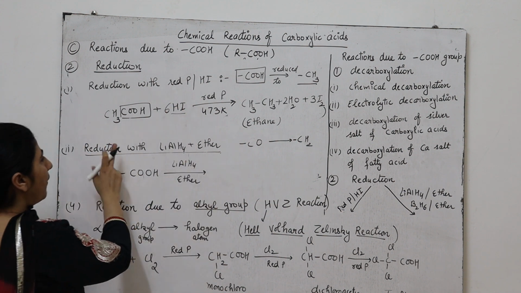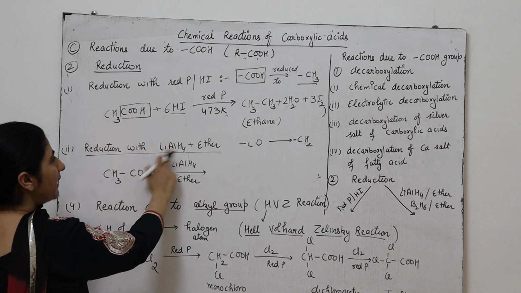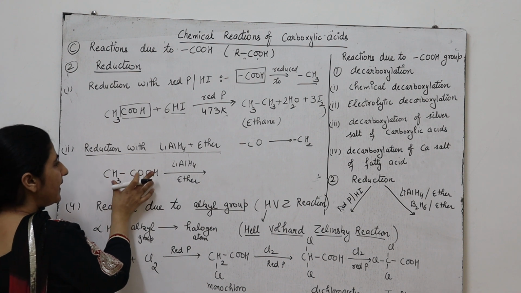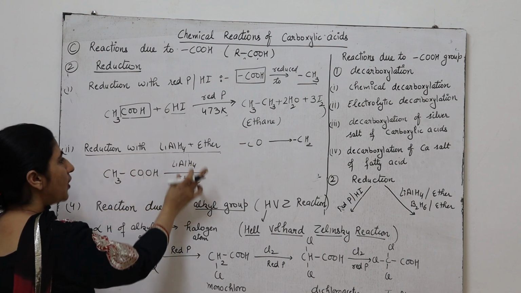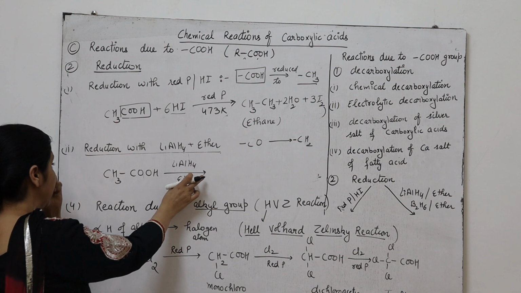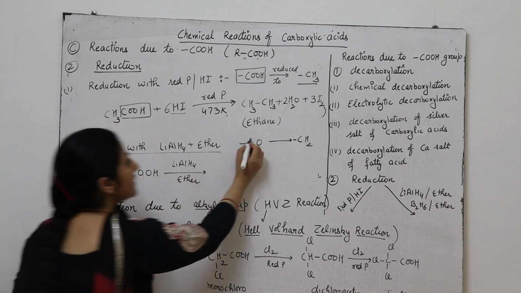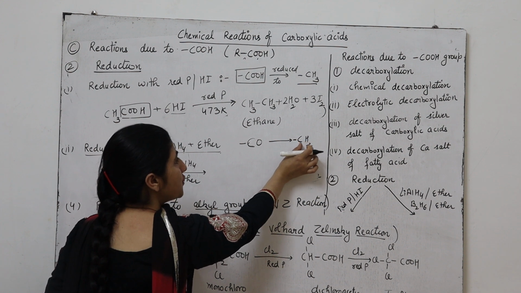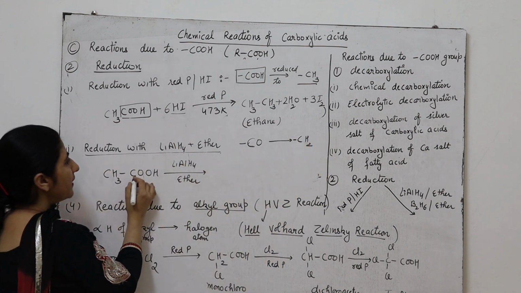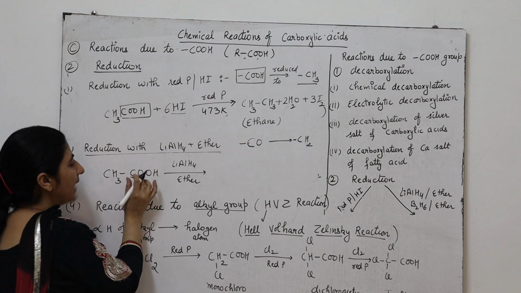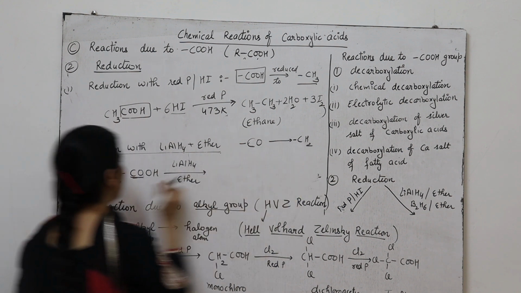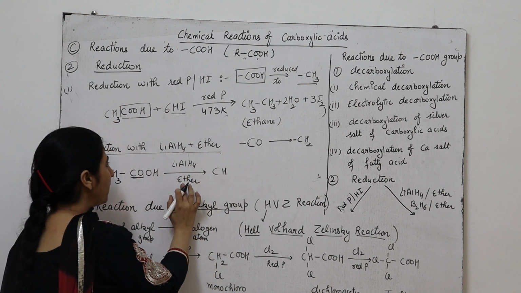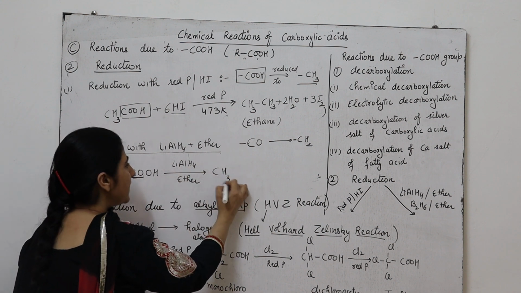The second type of reduction of carboxylic acid is with lithium aluminum hydride. When the carboxylic acid is reduced in the presence of lithium aluminum hydride along with ether, the CO group is reduced to a CH2 group. So in this case, we get CH3CH2OH.